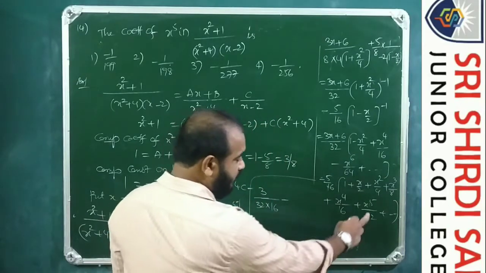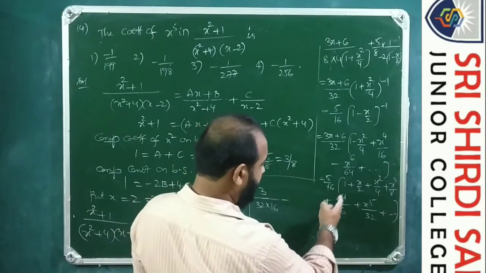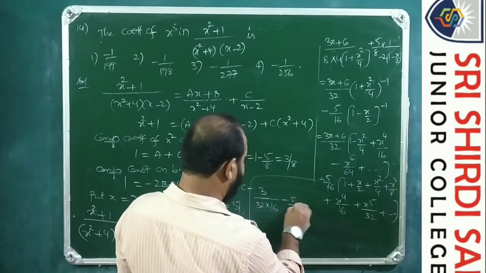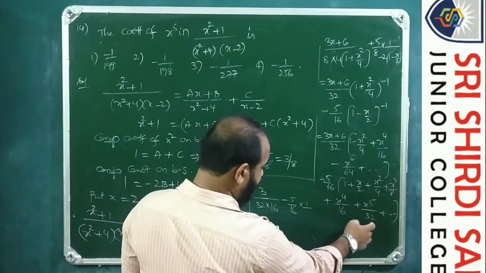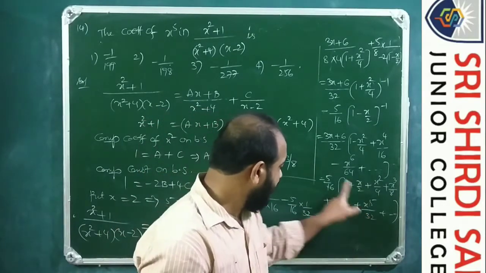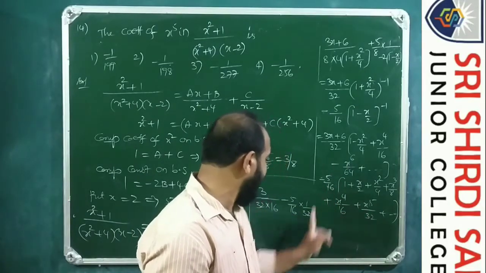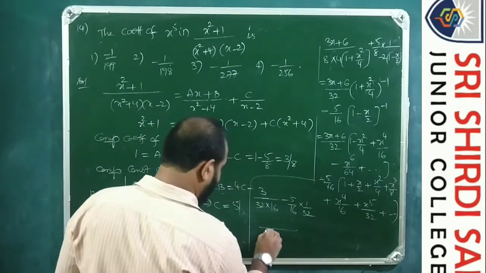So now here the x⁵ coefficient is here minus 5/16 into 1/32. The x⁵ coefficient is 3/(16 into 32) minus 5/(16 into 32). Now the LCM is 16 into 32.